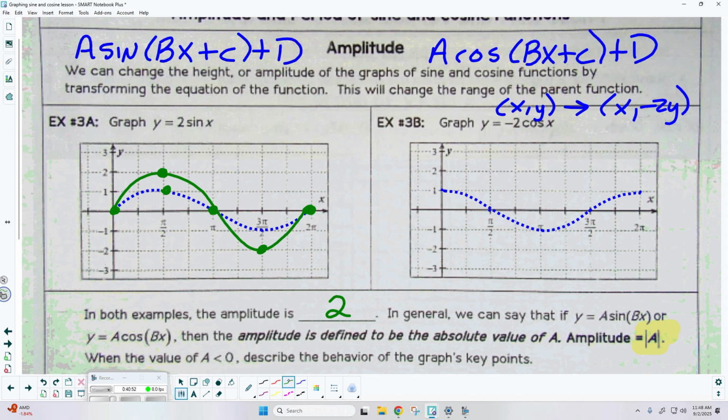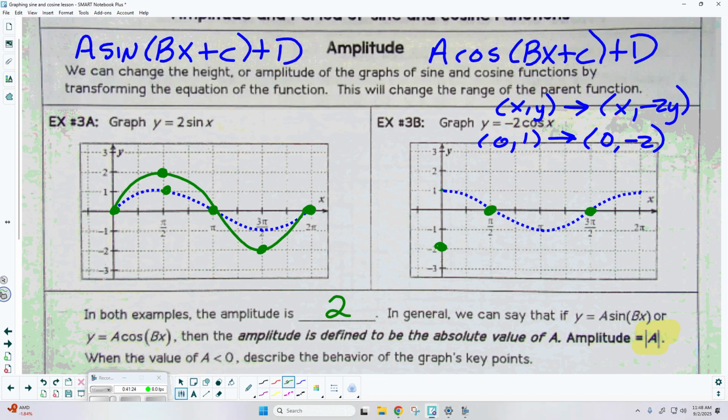Normally I'd give you about a minute to try this, but we'll just do this together since we're almost out of time. Are there any points that aren't going to move? Yeah, those zeros, 0 times negative 2 is still 0. But what about this point right here? It's at 0, 1. Where would it go? 0, 1 would become 0, negative 2.